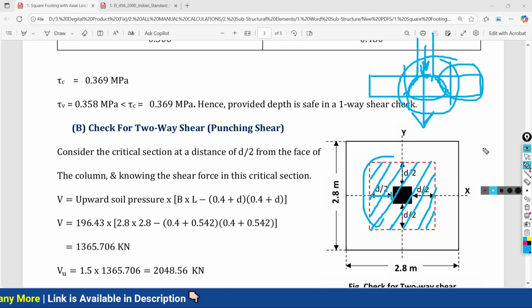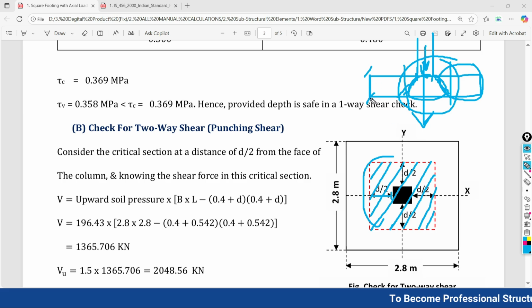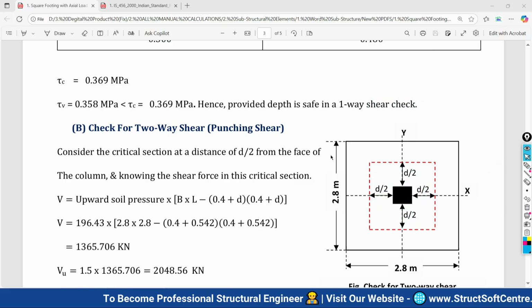High cracks are going to form in this portion. So we have to check whether we have provided enough depth to resist this punching shear force, whether our provided depth of the footing is safe or not. This we have to ensure. And how can you ensure? We have to follow the steps.